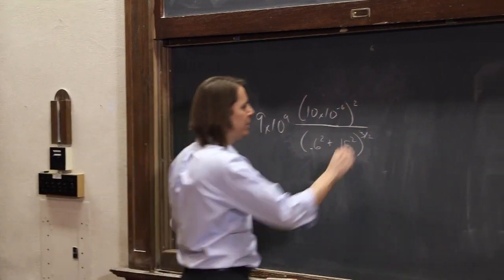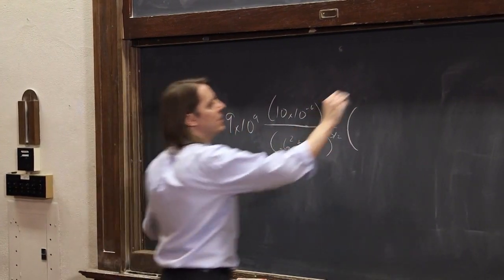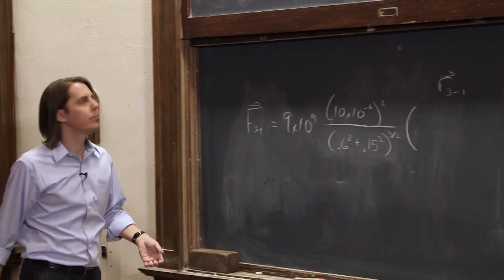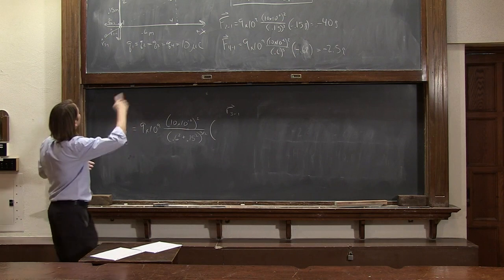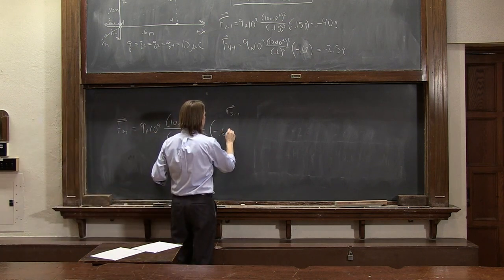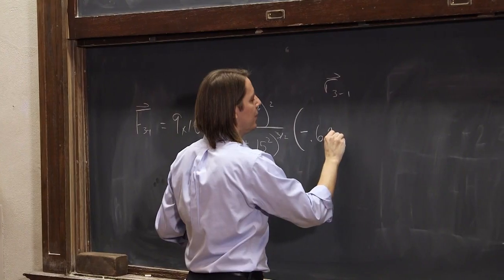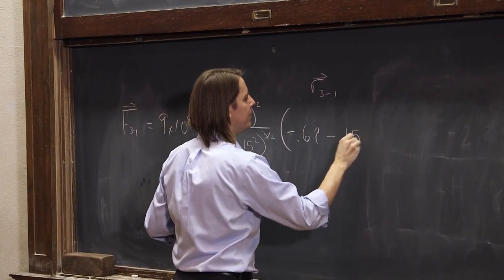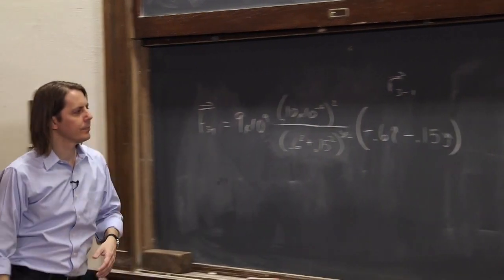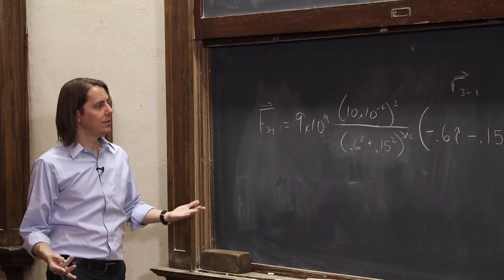And now, we don't write the unit vector, we just literally write r31 as a vector. Well, we look at our diagram, and you remember it was minus 0.6 I hat and minus 0.15 j hat. And that's it.